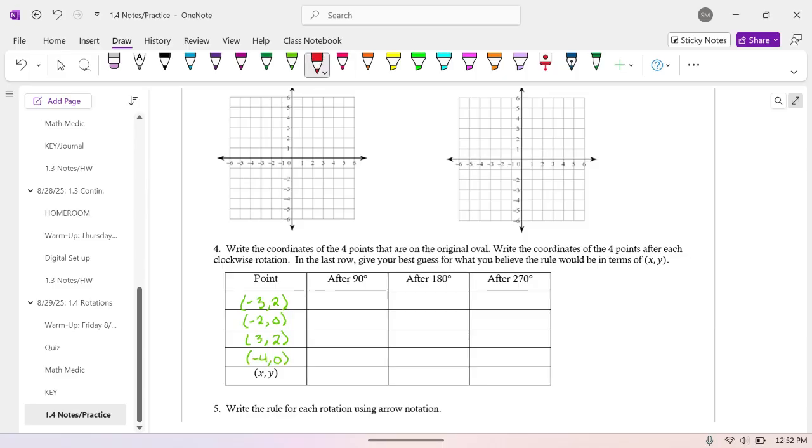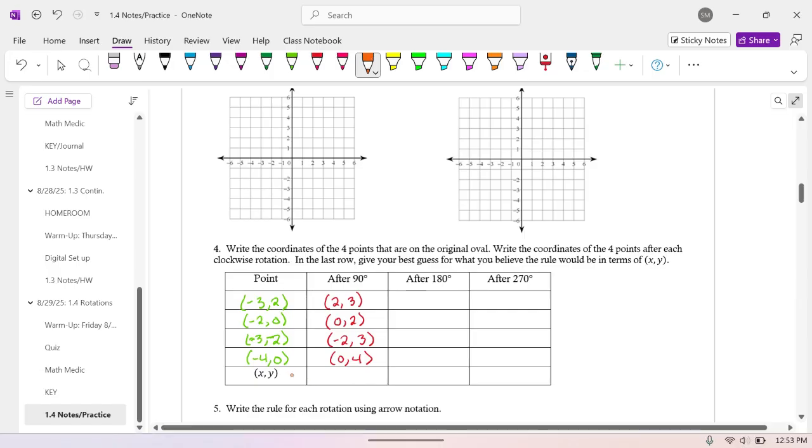So my new points after the first 90 degrees would be 2, 3, 0, 2, oh, this is both negative. Bad. So then that would be -2, +3, and then 0, 4.